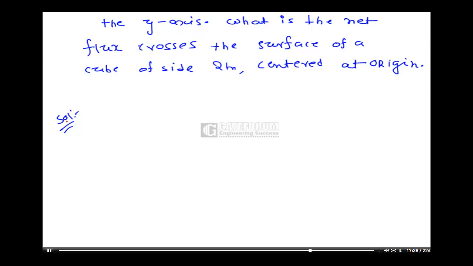first of all, what is given? Draw a rough figure so that you can analyze the problem very easily. So x, y, z. The line charge lies along the y-axis. What is the net flux crossing the surface of a cube of side 2 meters, centered at the origin?